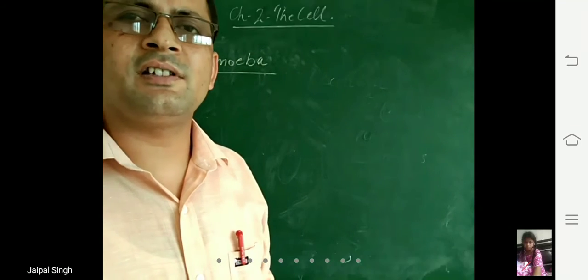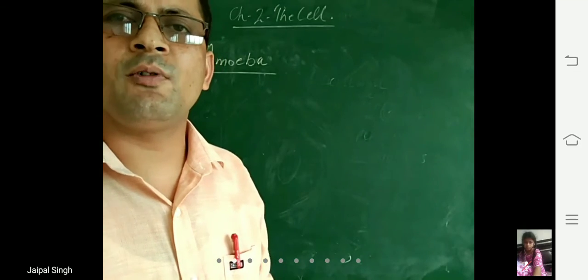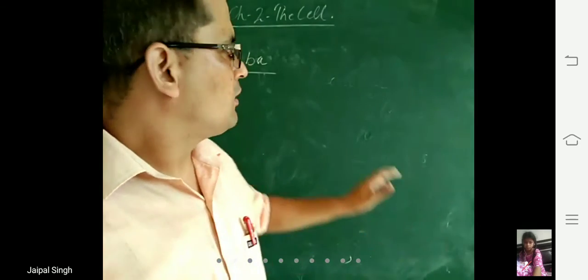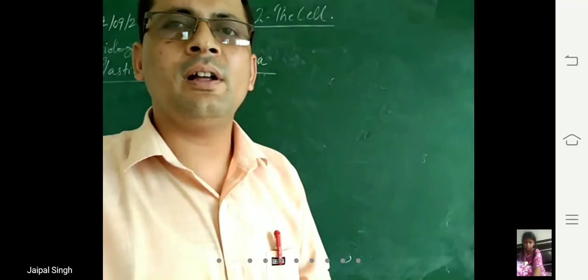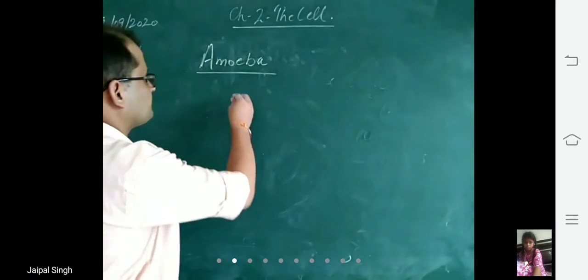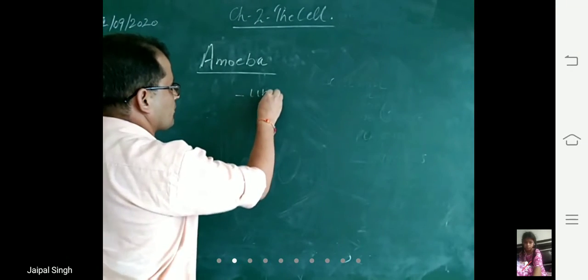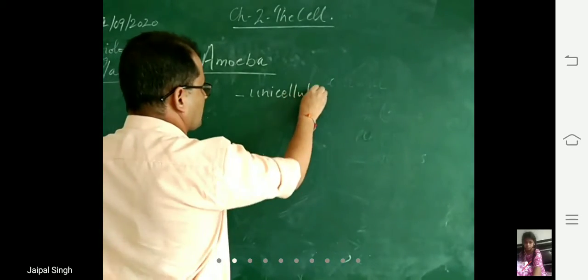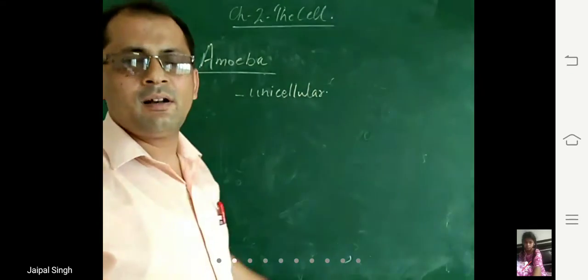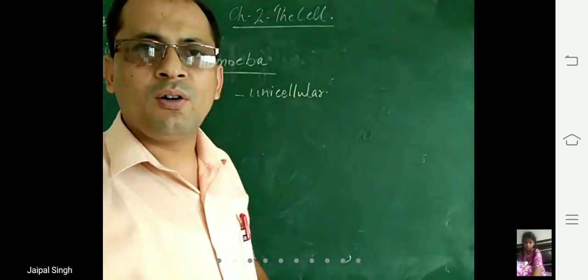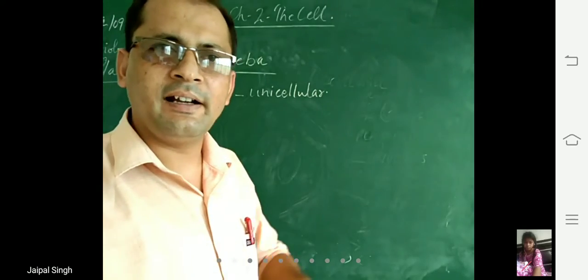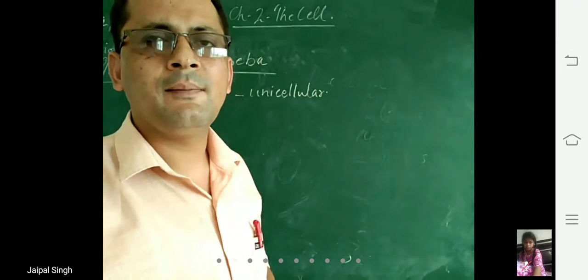In the beginning of the chapter I told you the difference between unicellular and multicellular. Unicellular means it is made up of only one cell. In itself, the amoeba is a single cell.